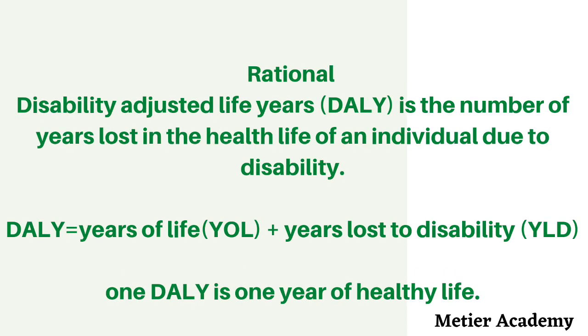The rationale is DALY is the number of years lost in the healthy life of an individual due to disability. Because of disability, how long the person lost his healthy life, that is called as DALY. How to measure this? DALY is equal to years of life lost plus years lost to disability. And one DALY is 1 year of healthy life.